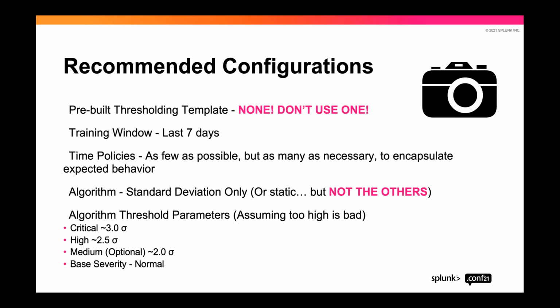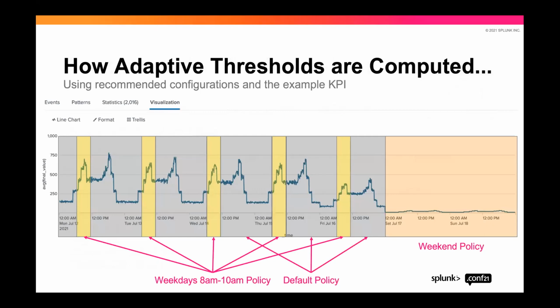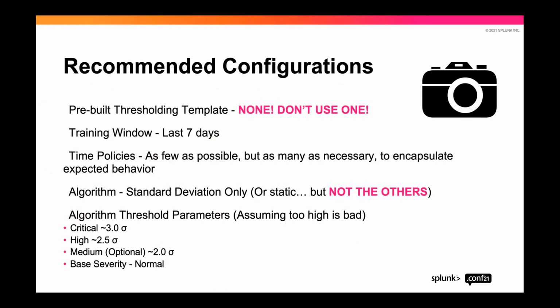This particular one is where low is good and high is bad, and these were the values that we recommend. But again, you put these values in, and you check the thresholding dashboards to make sure you're not getting too many outliers or that it's not encapsulating enough of the standard variation in your KPI.